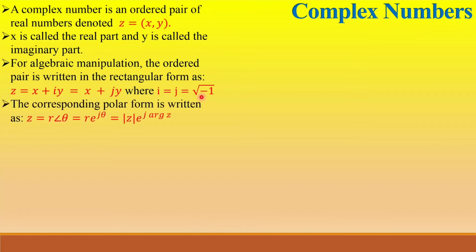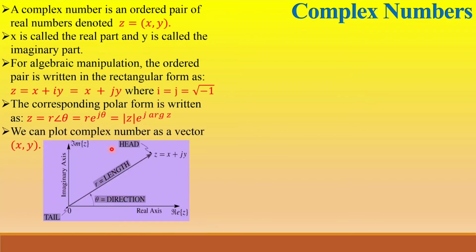The corresponding polar form is written as z = (r, θ) = r e^{jθ}, which equals the absolute value or modulus of z multiplied with the exponential of j multiplied with the phase angle. We can plot a complex number as a vector (x, y), as shown below.